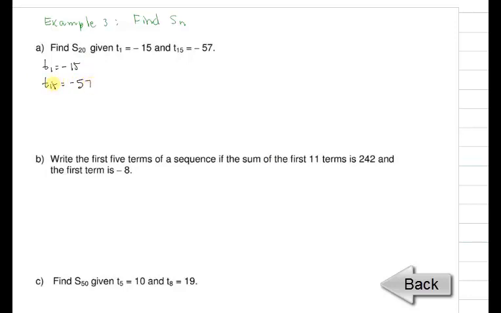Because we want to find the partial sum S20, we're looking for the sum of the first 20 terms, so n is equal to 20. Also note that because we are looking for S20 and we don't know what T20 is, we don't know what T subscript n is.